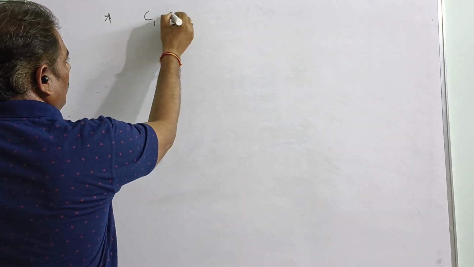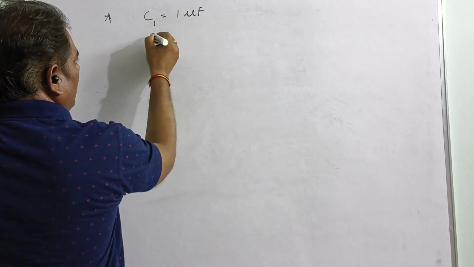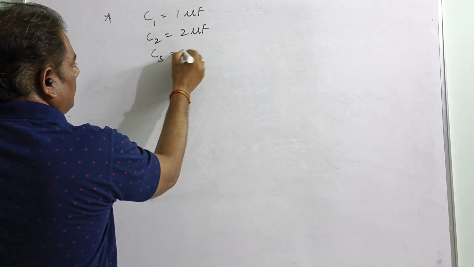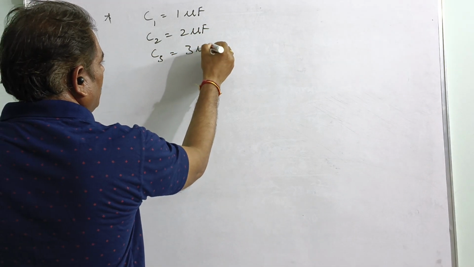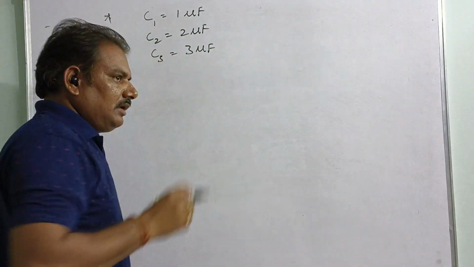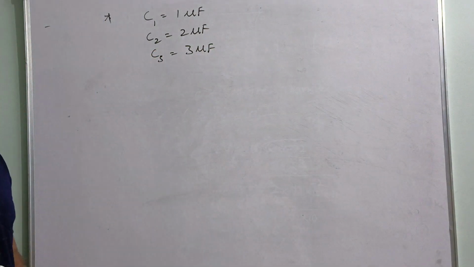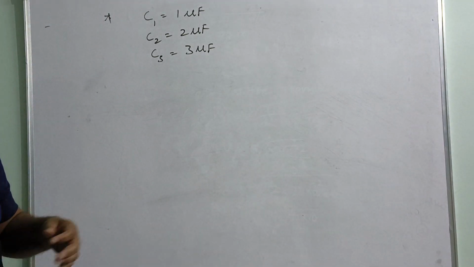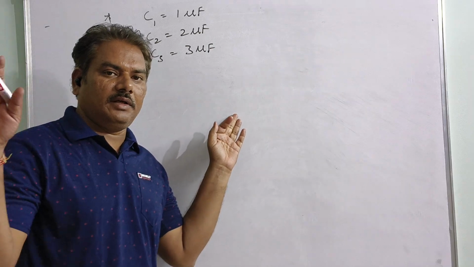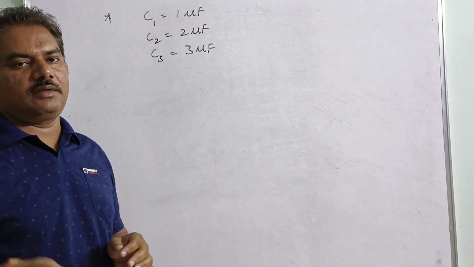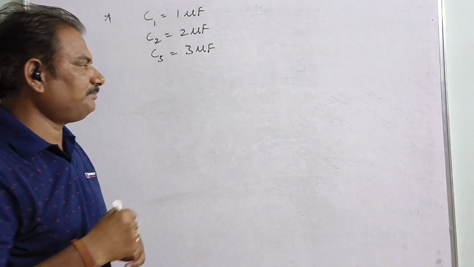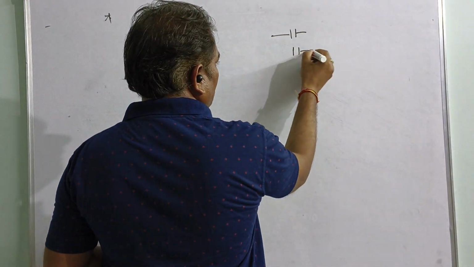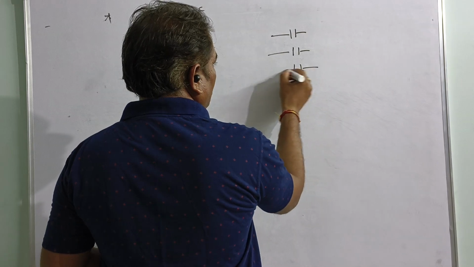C1 equals 1 microfarad, C2 equals 2 microfarads, C3 equals 3 microfarads. This is the capacitor, and this is the capacitor, and this is the capacitor.